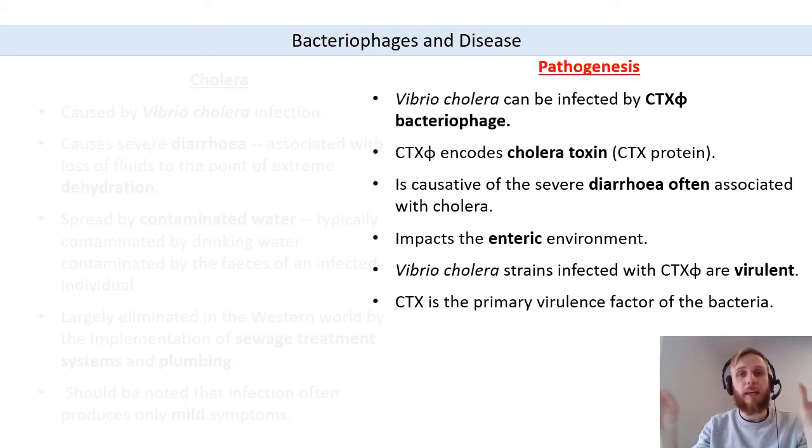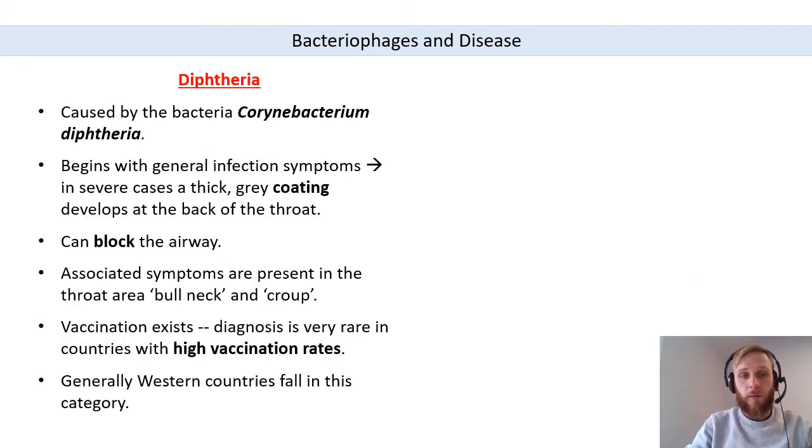The principles here are the same that we've already talked about, so it's just another example of the bacteria acquiring the ability to cause disease symptoms by the introduction of a specific gene into its genome by a bacteriophage.